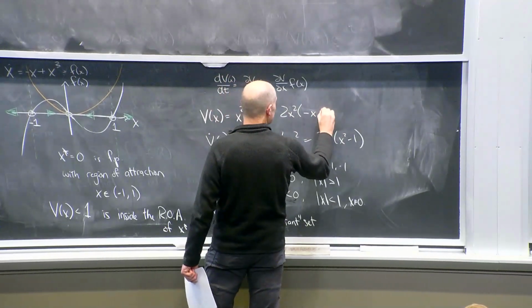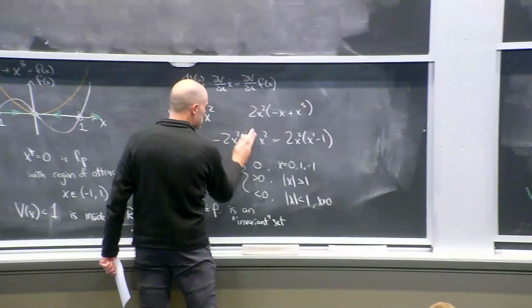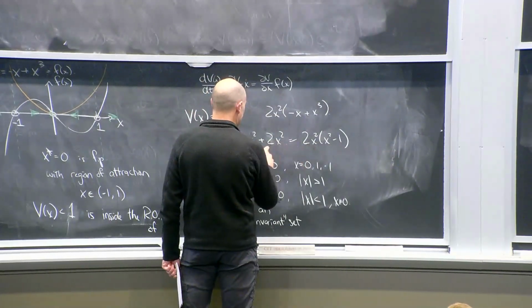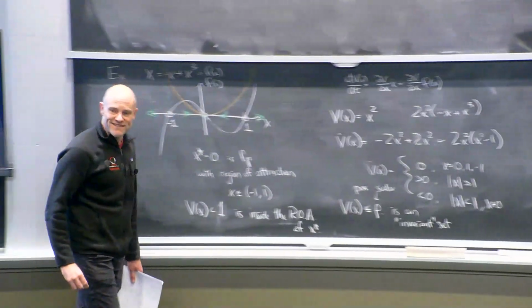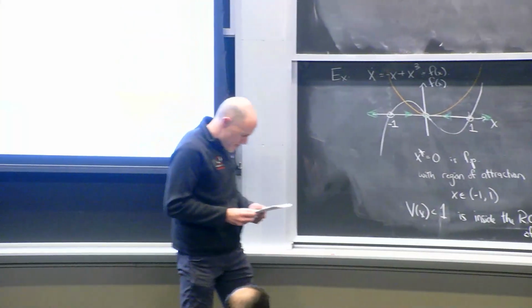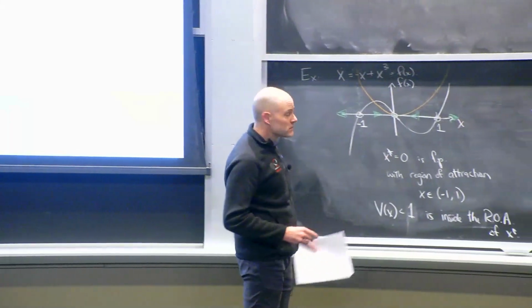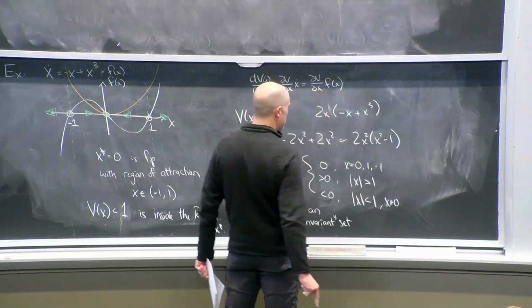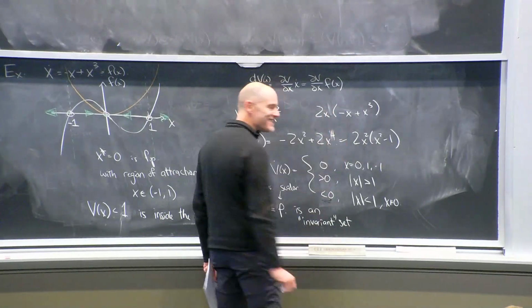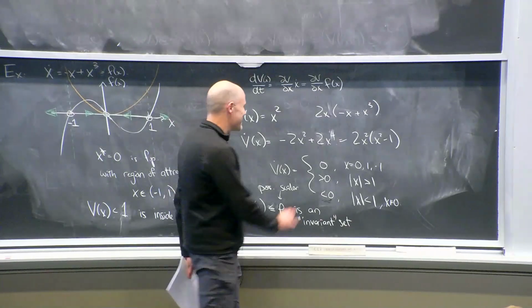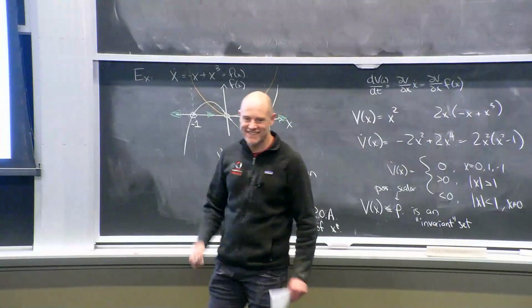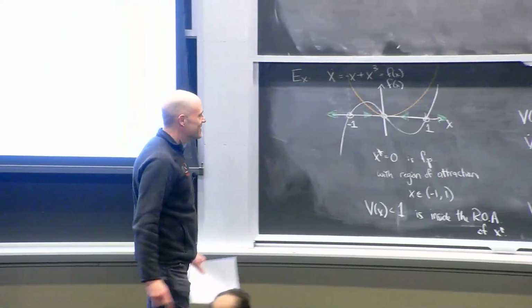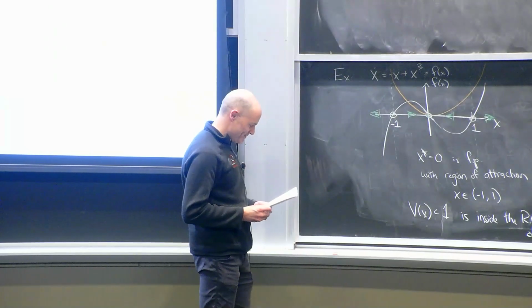Negative x plus x cubed. Yeah, that should just be it. I don't know where I pulled that 4 out of. This is 2x, like that, right? That's weird. I permuted the 2 and the 4. That's pretty weird. All right, thank you for catching that.